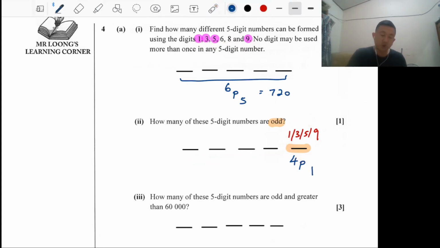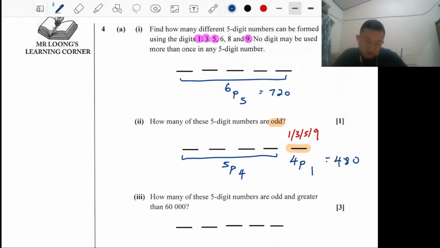So you have 5 more, 5P4. Okay, 5P4 times 4P1 should be 480. Okay, correct.